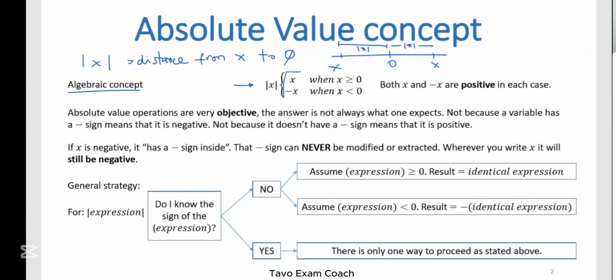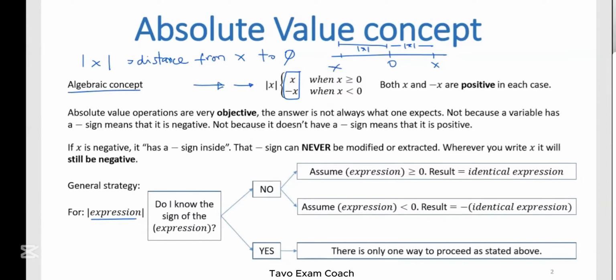The absolute value is always positive. Okay? When you work with absolute value expressions, you first need to consider what is the sign of that expression, whose absolute value you're trying to figure out. If you know the sign of the expression, then apply this rule here.